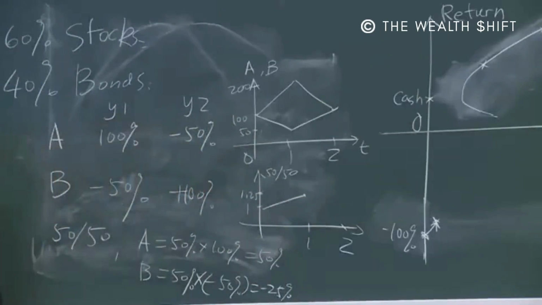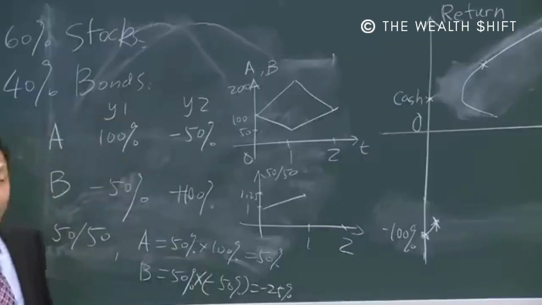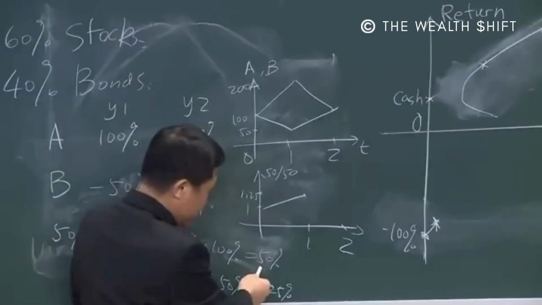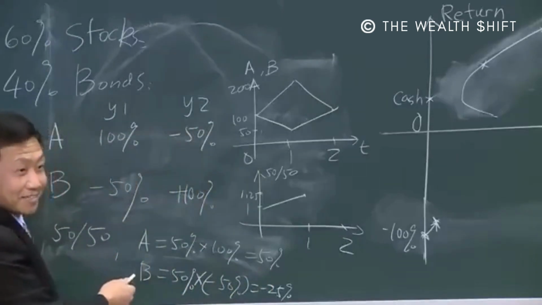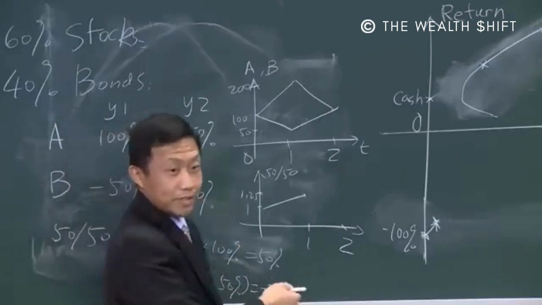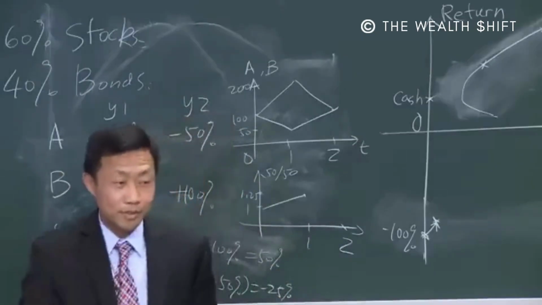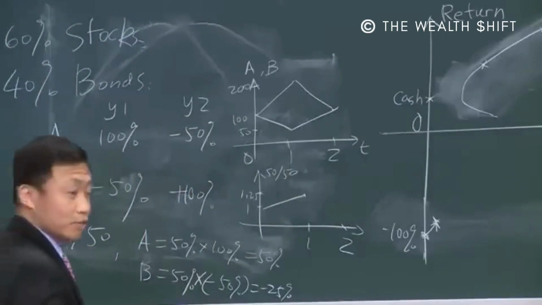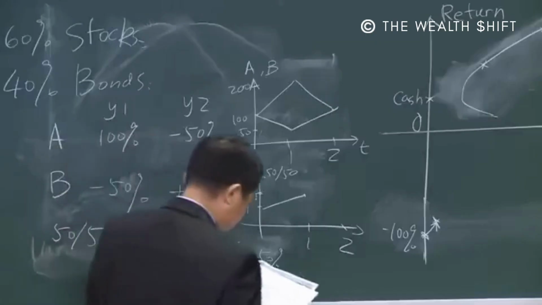Okay. So at the end of year one, you rebalance, right? You have to come back to 50-50. So what do you do? This becomes 75, so you no longer have equal 50-50 weights. You have to sell A to come back to 50 and use the money to buy B. So you have a new 50-50 weighting.